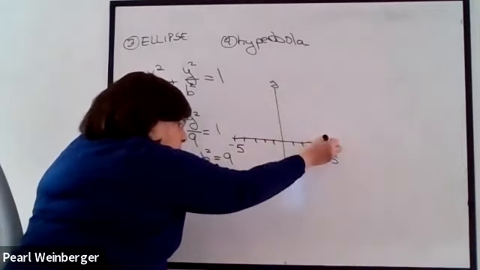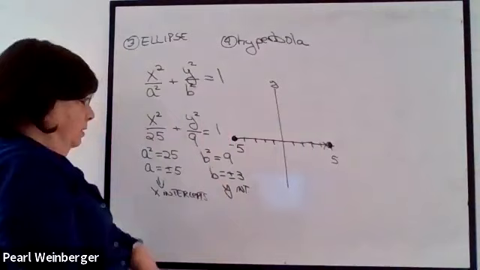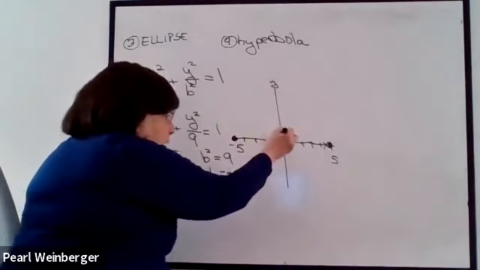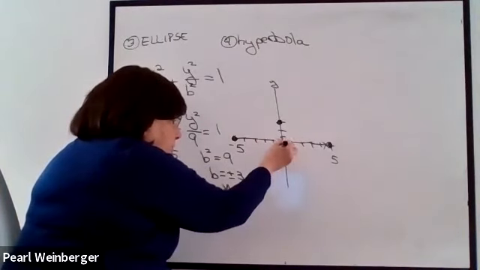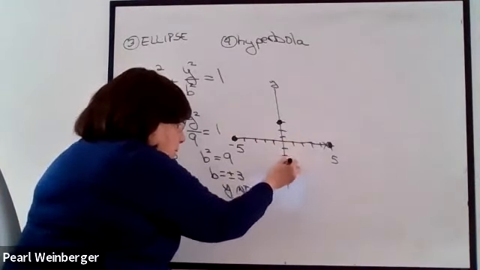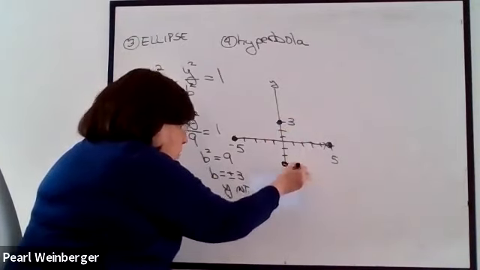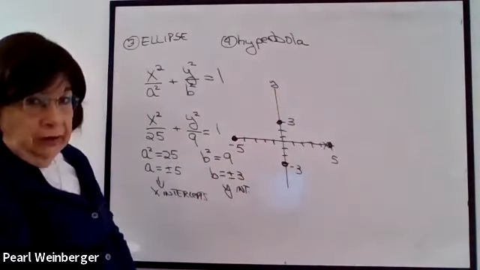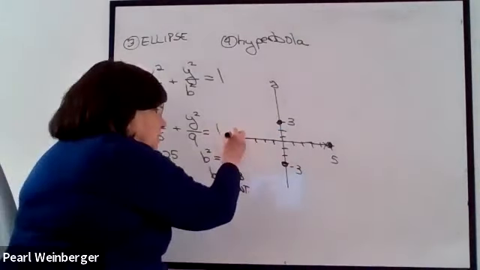That gives us 2 points on this ellipse. Then we go to the y-intercepts. Up 3, up to +3, down to -3. And with these 4 points, we can draw our ellipse.